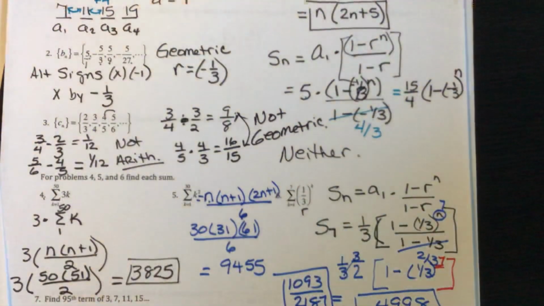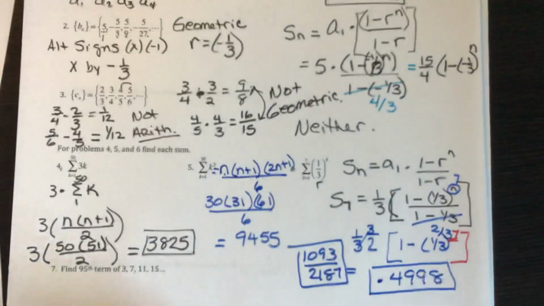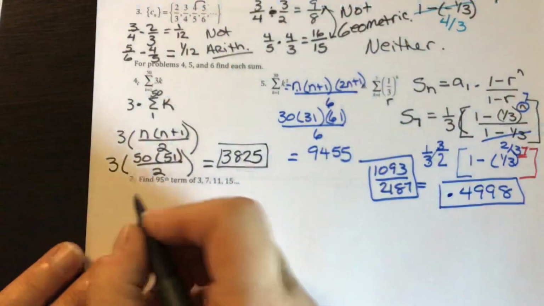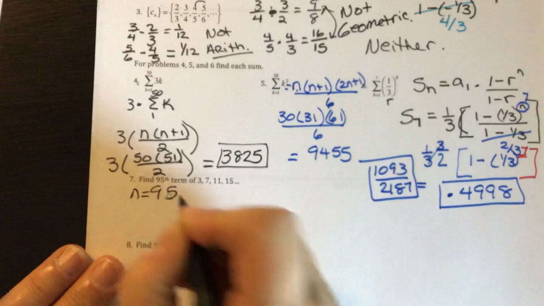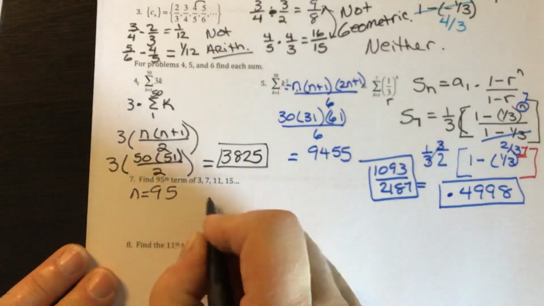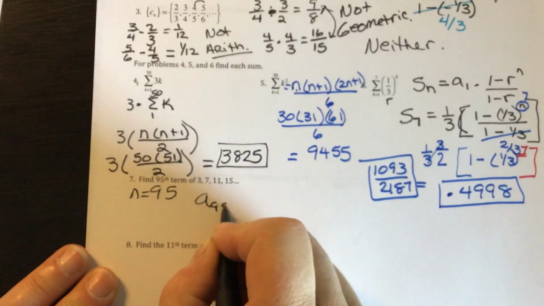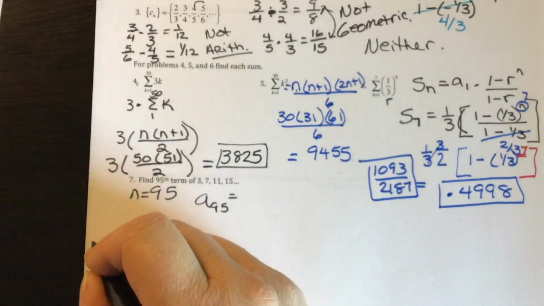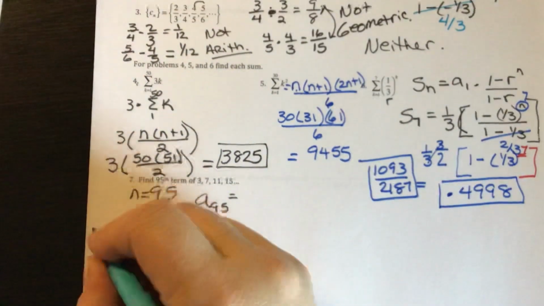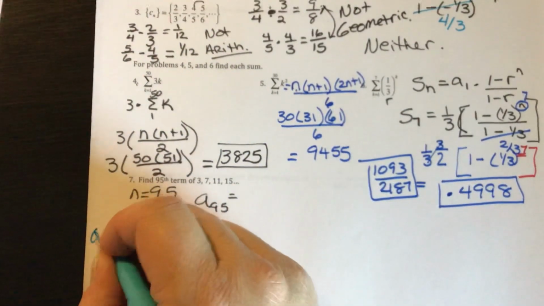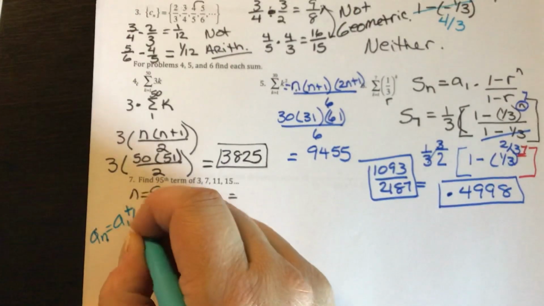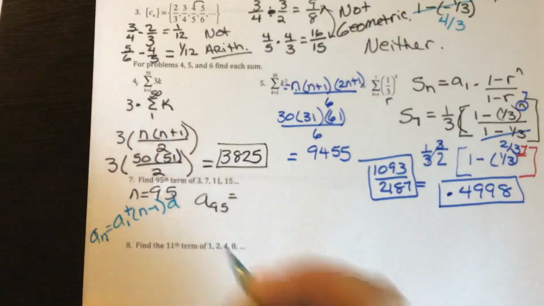All right, next one, number 7. It says to find the 95th term of the sequence. Okay, so n is 95. So if I find a sub 95, that's the 95th term. I'll write the formula over here. A sub n equals a sub 1 plus n minus 1 times d.